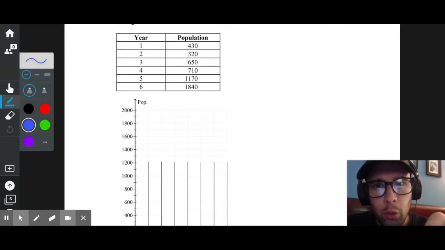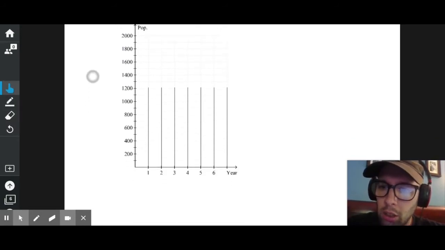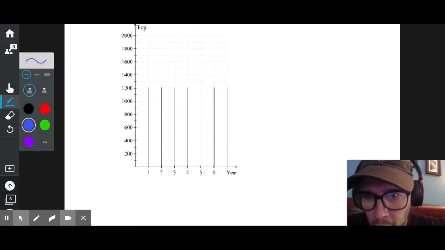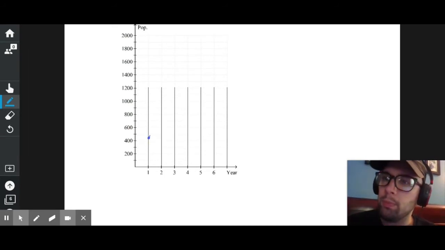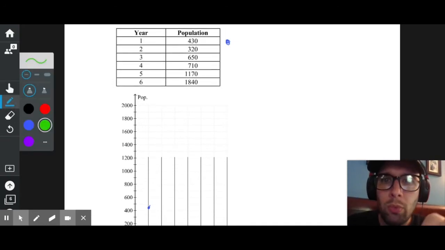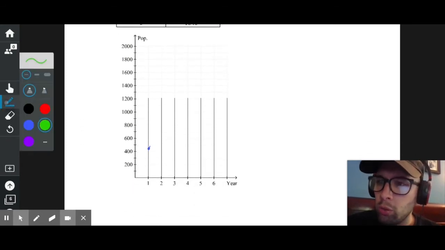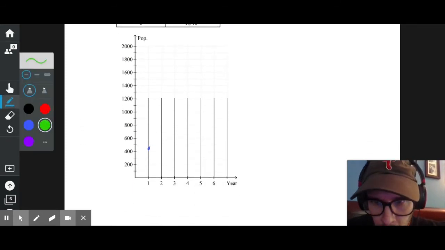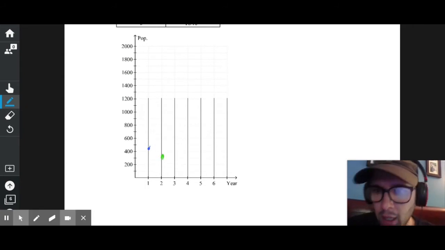All right, year one, 430. Year one, 430 is going to be somewhere around there. Okay. Year two, 320. Year two, 320, so give or take right around there.